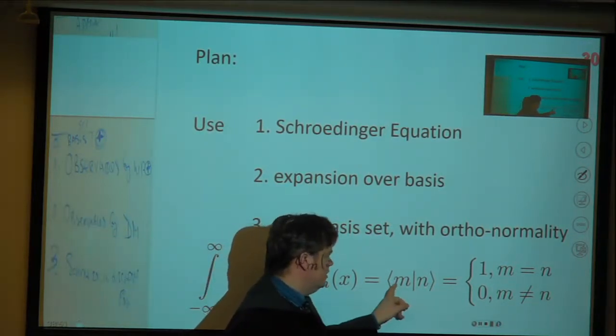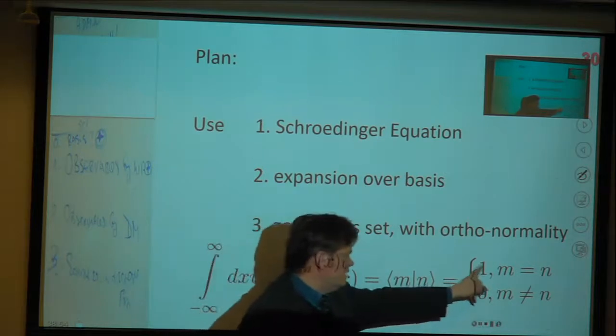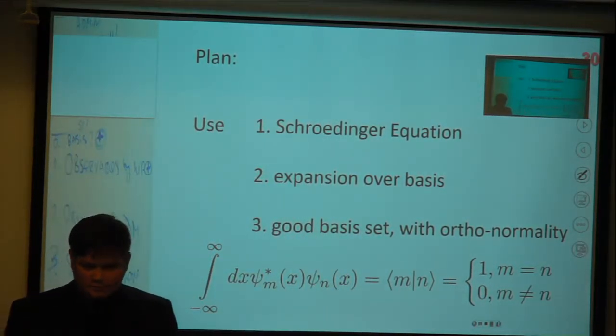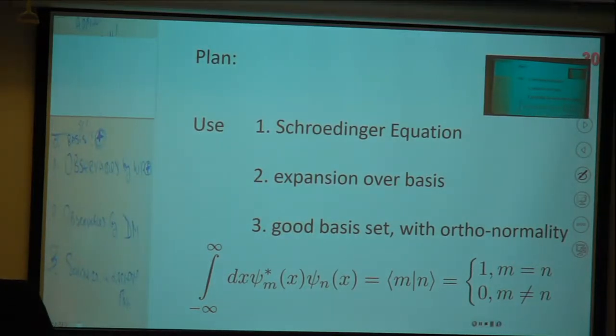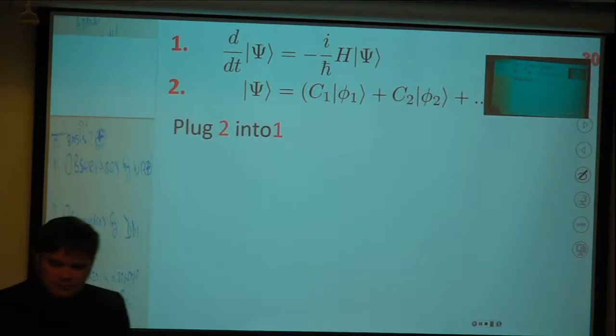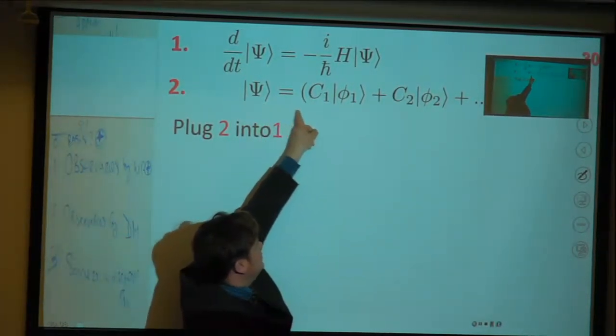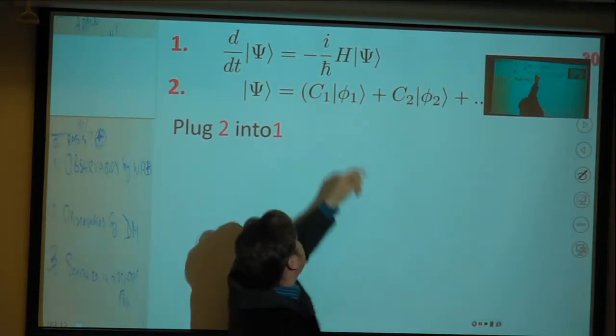So their convolution will give either 1 or 0. Now we are going to practice this, plugging the definition of expansion coefficients into the Schrödinger equation.